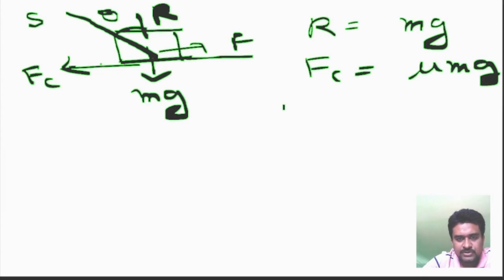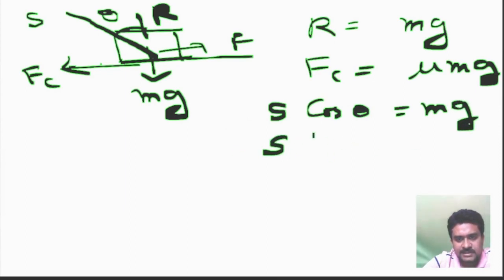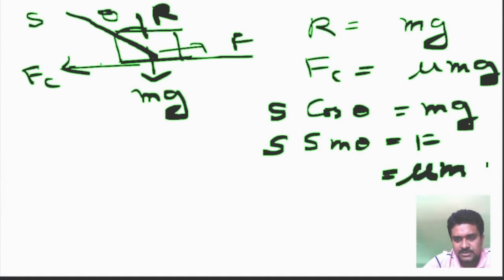Again, if you resolve S, then S cos theta is equal to mg, and S sin theta is equal to F, and F equals mu R. R is mg here.